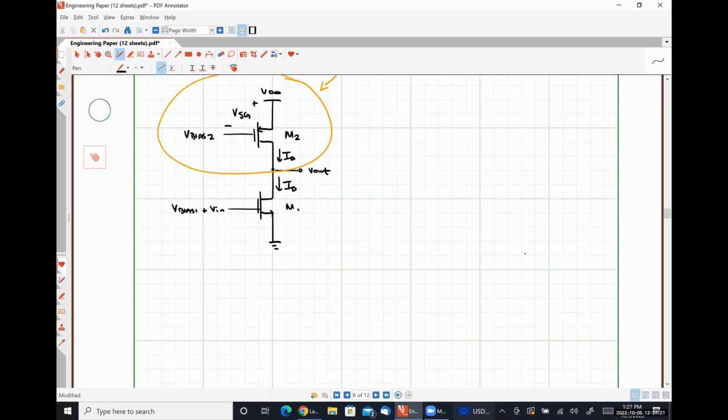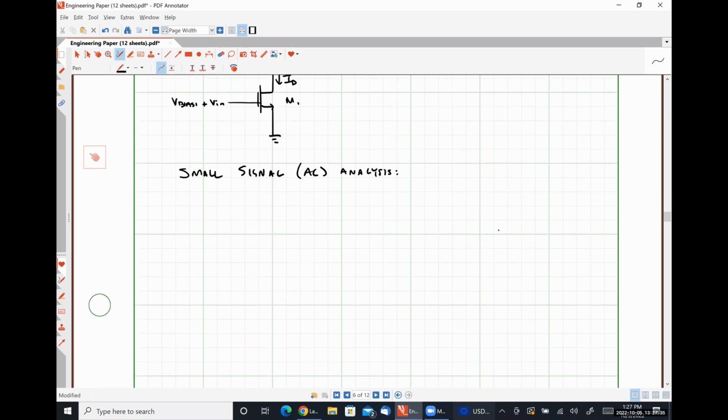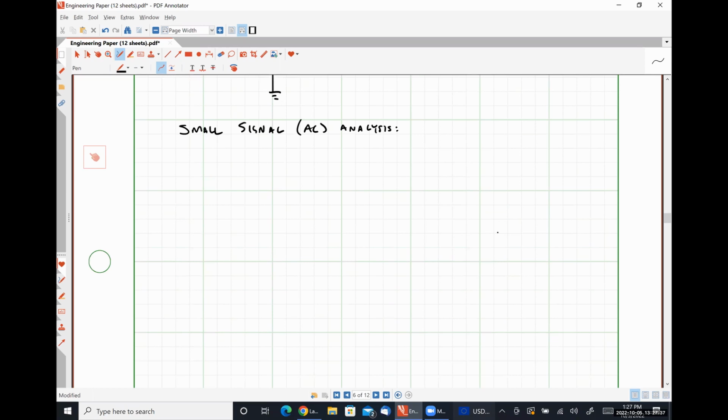So our small signal analysis is going to look something like this. I'm going to start by just doing the small signal model for the NMOS device.